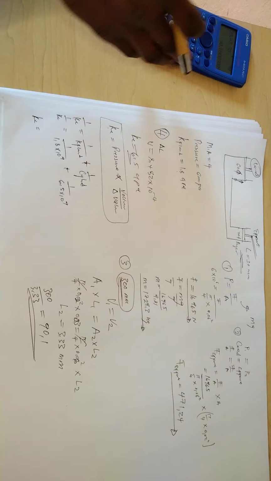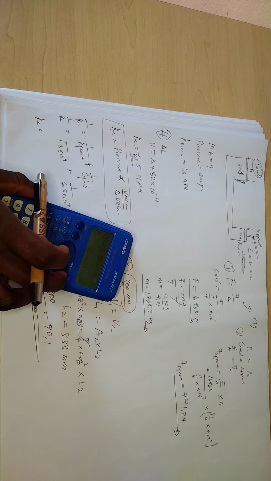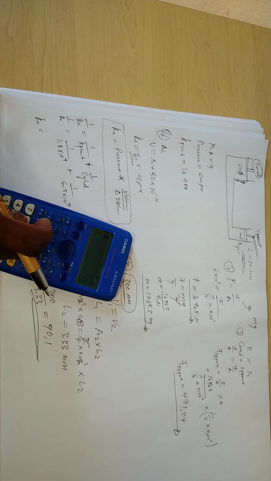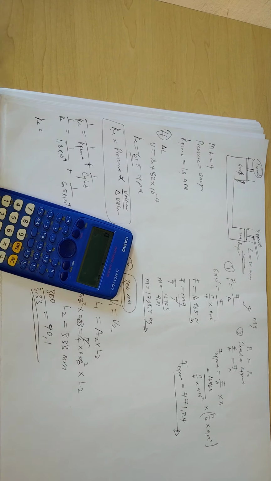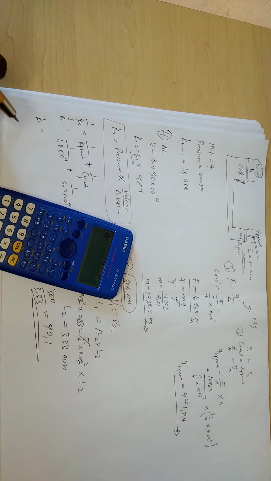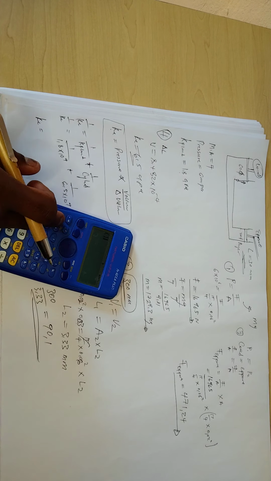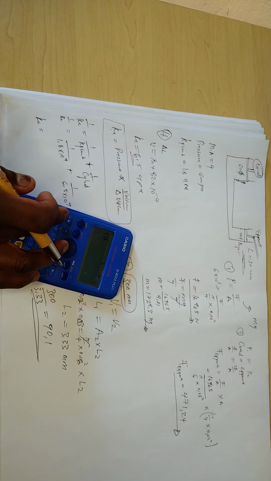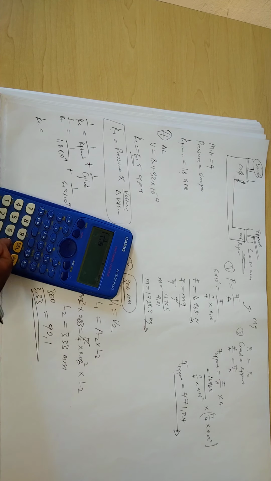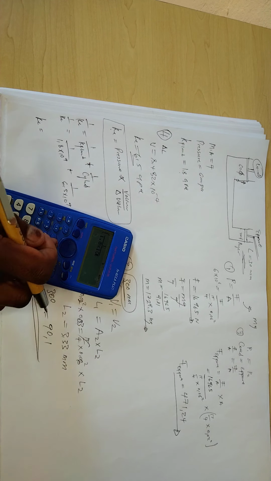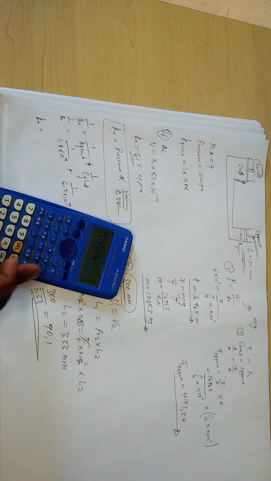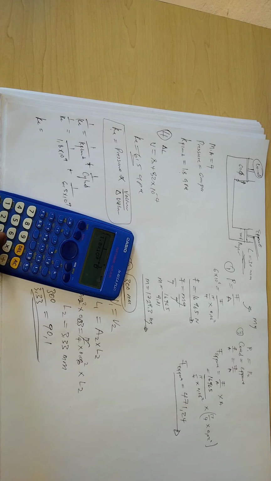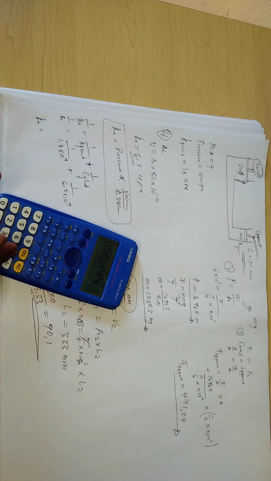The easiest way to punch this in the calculator, just open brackets, and put the inverse of 1. You put everything here: 1 divided by 1.8 times 10 to the power 9 plus 1 over 6.5 times 10 to the power 9.